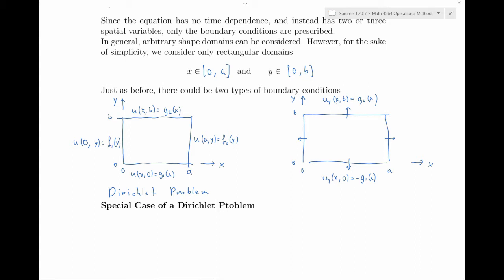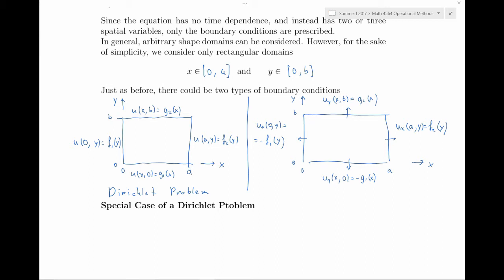At the other boundaries, we're going to keep the notation f1 of y and f2 of y. But here, we're prescribing the partial derivative with respect to x, because the arrow points in the x direction.